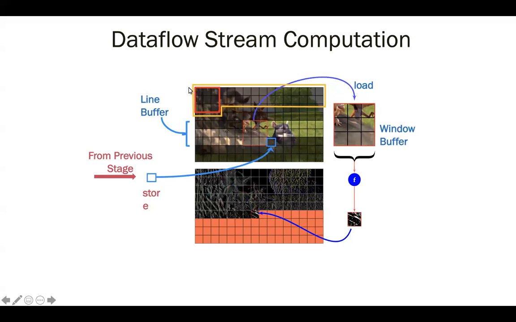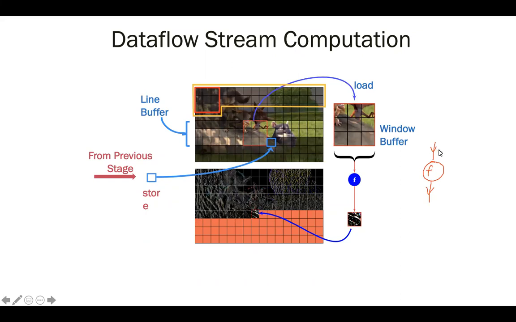Here, F is the stencil operation. So there is a stencil operation you want to apply. Let's say this is the stencil, I'm representing this node as the application of a stencil F, and input is coming; this hardware module F reads the pixels from the input stream.